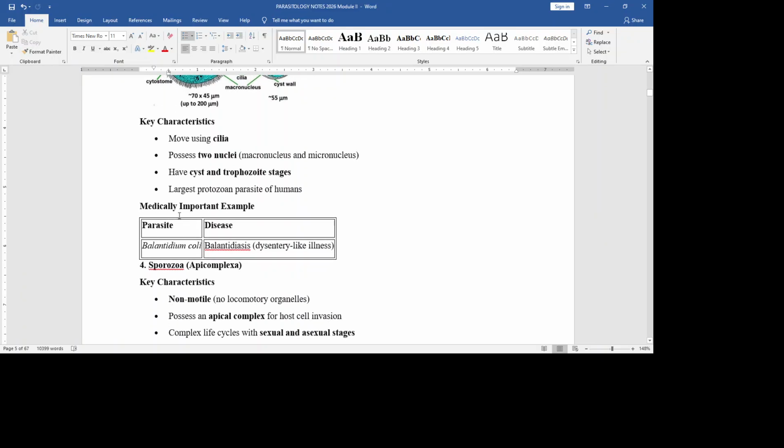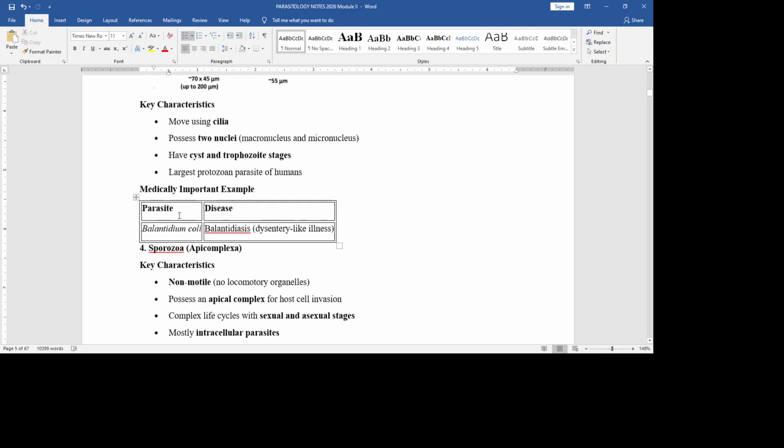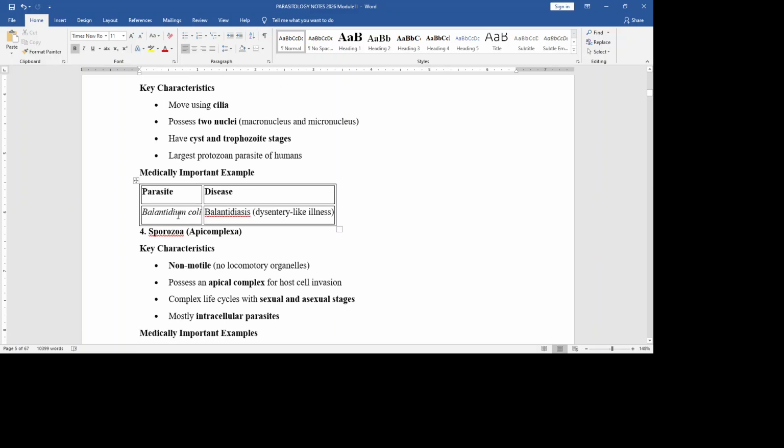Then we have the sporozoa, which we said are non-motile, and they have special apparatus for invading the cells, hence the name apicomplexan. They have complex life cycles, which constitute asexual and sexual stages.